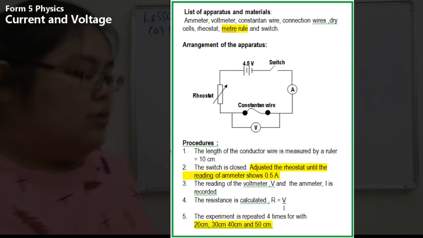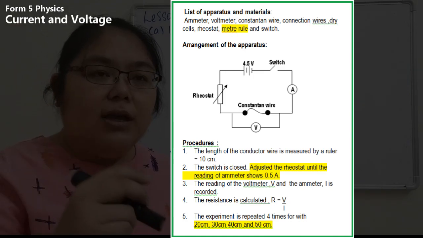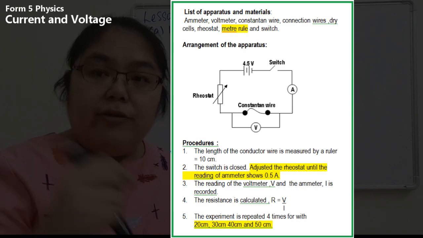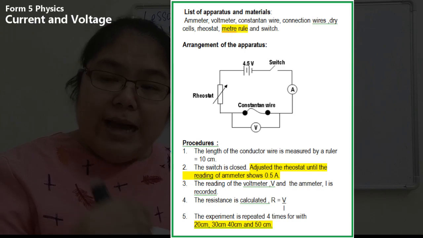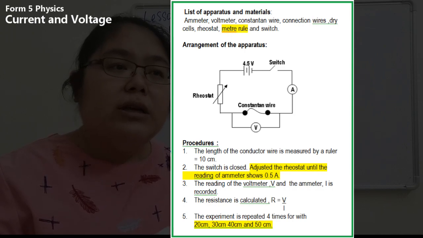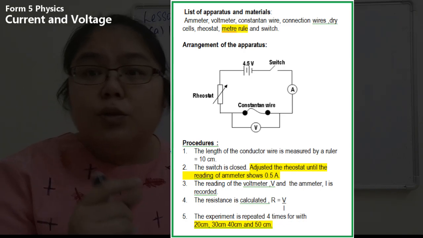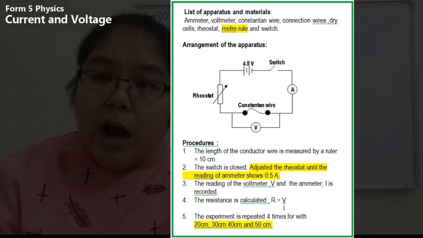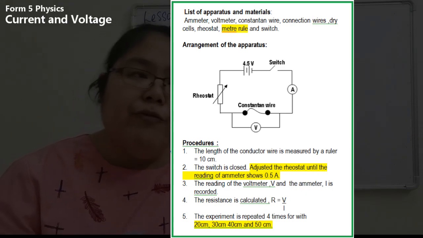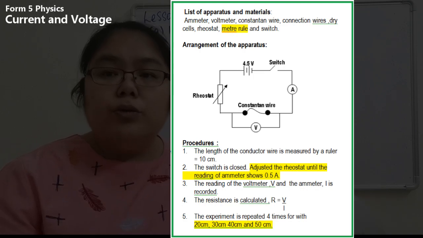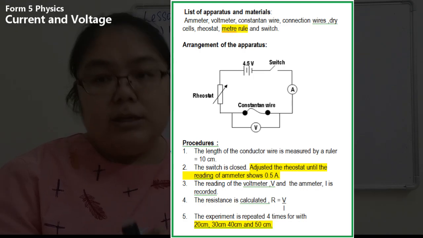So you know the relationship of V and I. When V is constant and you make the resistance lower, the current should be higher, is it? If I put the length very short, the resistance is too low. Resistance too low, what happens to the current? The current is too high, so the ammeter cannot support it. So what we need to do is adjust the current, make the current always a constant number.